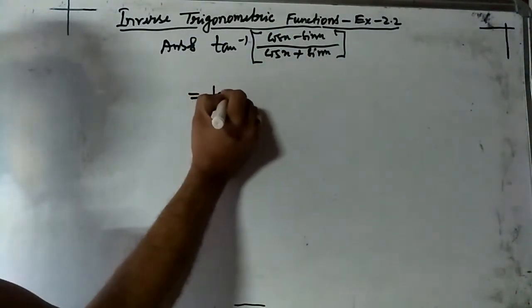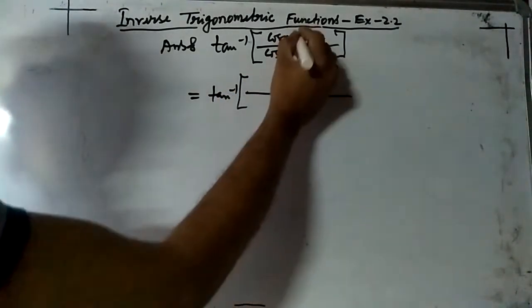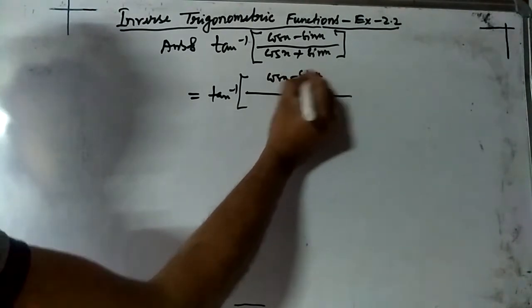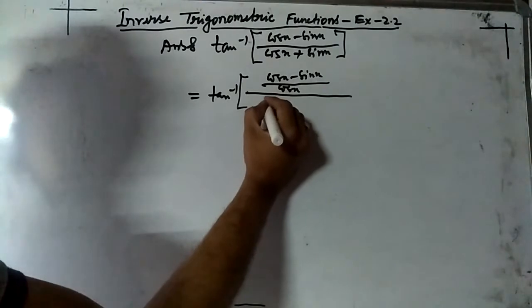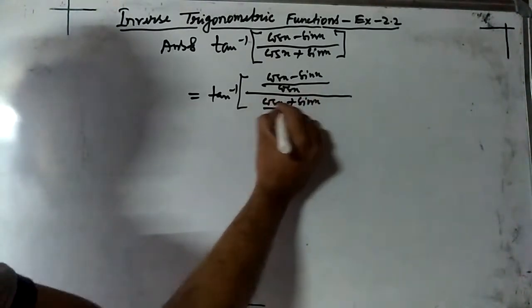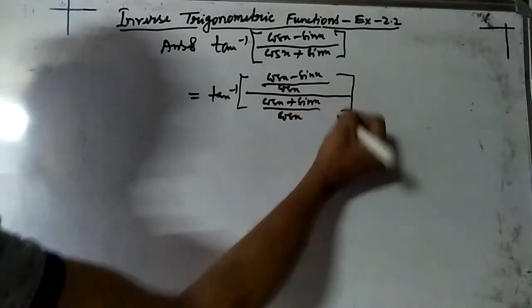Check. Tan inverse, divide numerator and denominator by cos x. Cos x upon cos x minus sin x upon cos x, and denominator cos x plus sin x upon cos x. Bracket close.